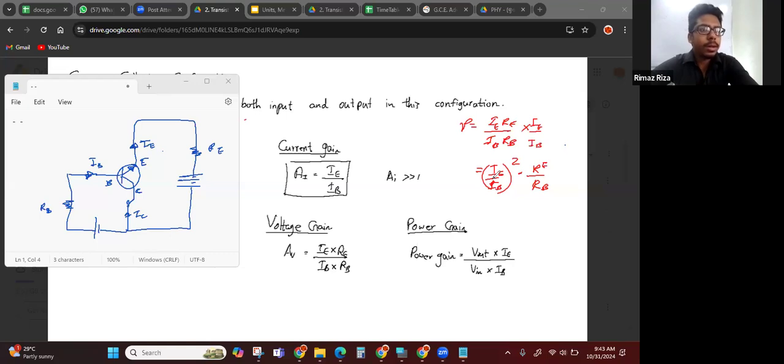Though in common collector we can get a large power gain, we still go with the common emitter configuration for signal amplifiers.